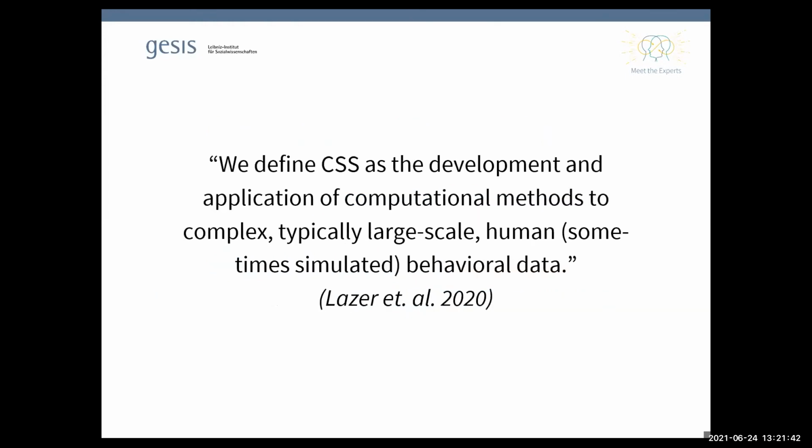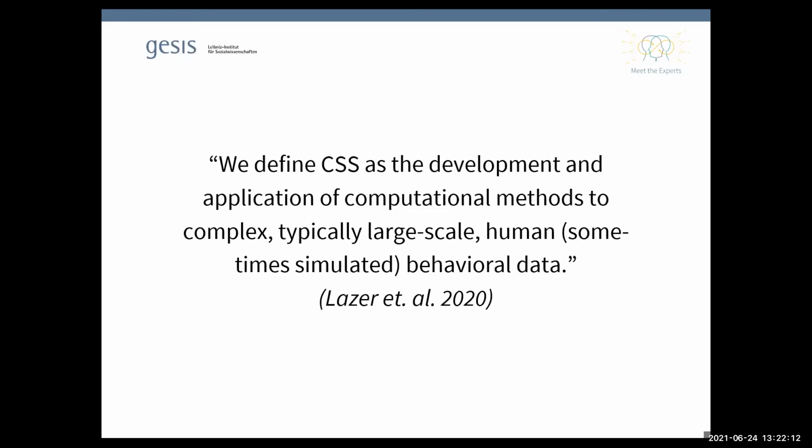Slightly differently phrased by one of the key figures in the field of computational social science, David Lazer and his colleagues have used this definition: We define computational social science as the development and application of computational methods to complex, typically large-scale human, sometimes simulated behavioral data. So a similar description, slightly differently phrased.